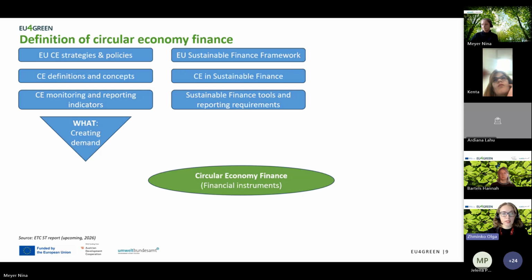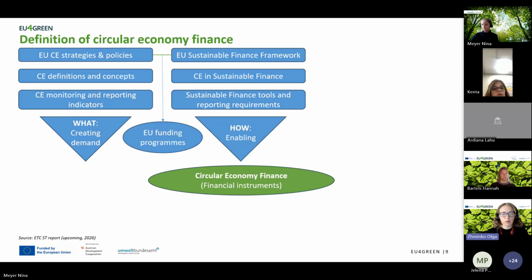This sustainable finance framework, which also involves, for example, reporting directives like CSRD and the EU taxonomy, is the enabling tool. So it answers the question how. And both of them contribute to definitions used in EU funding programs. So they inform the EU funding programs. These are the two pillars which are creating the definition of circular economy finance.